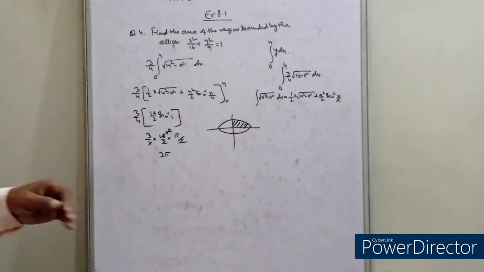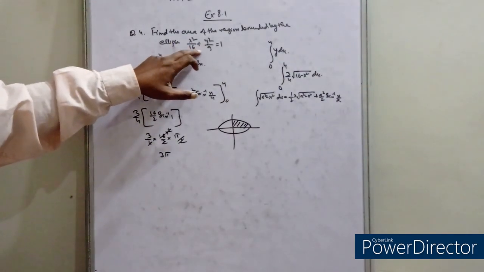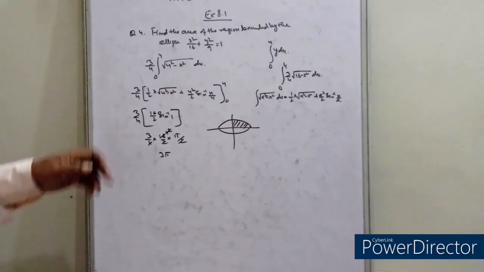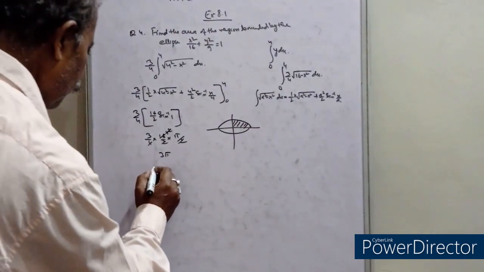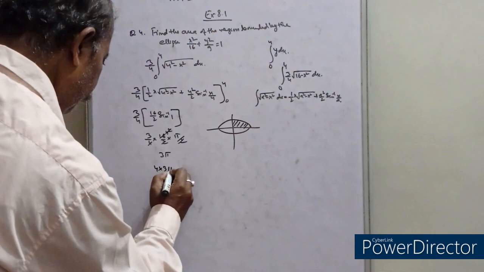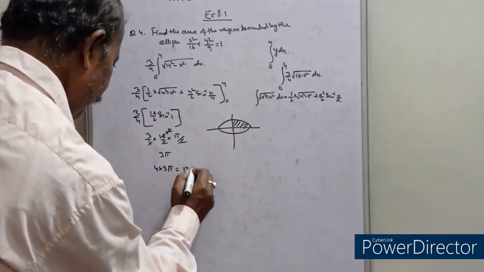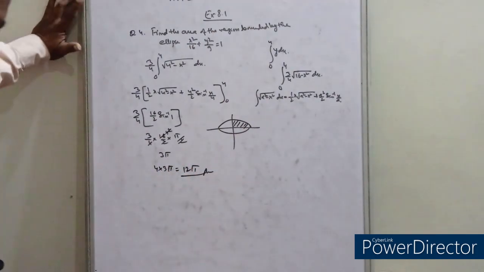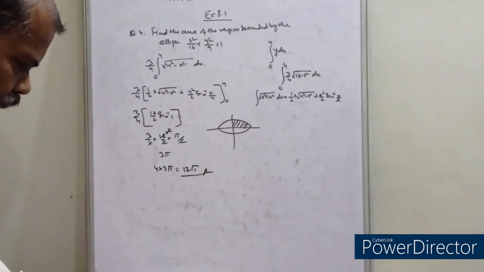Because this is a symmetrical figure, the area of this ellipse will be 4 into 3 pi, that will be equal to 12 pi. This is your answer.